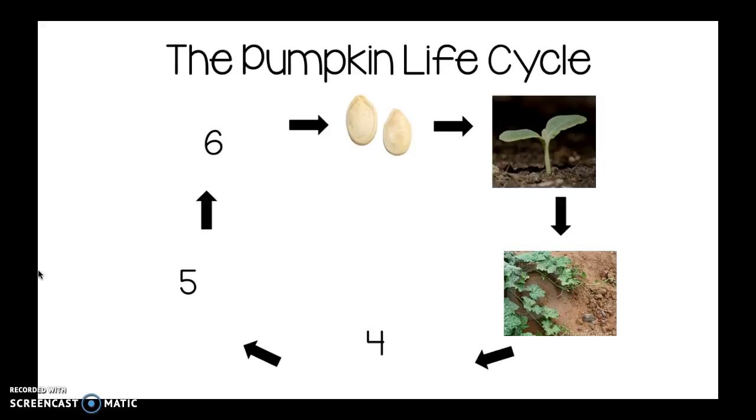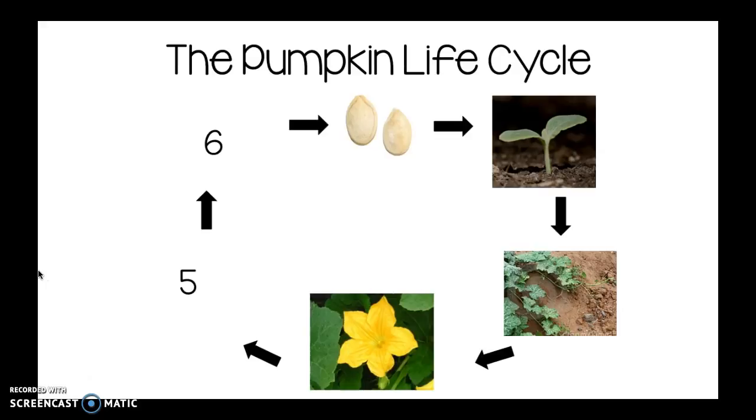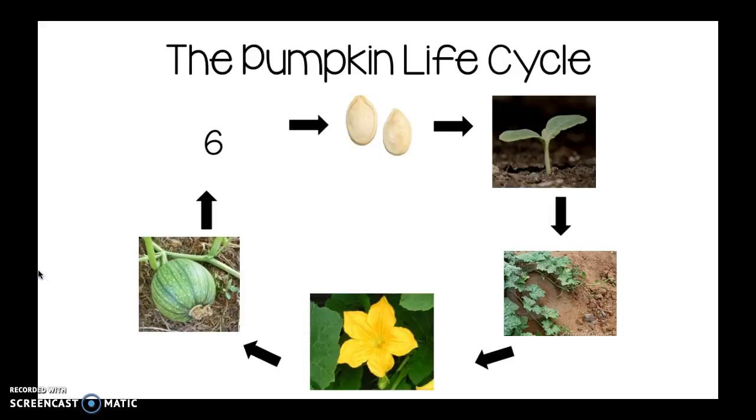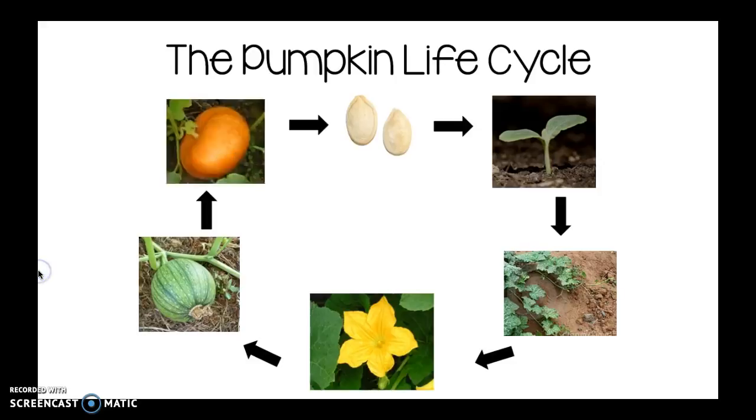Then something grows on the vine. What could that be? Yes, a yellow flower. What does the yellow flower turn into? If you said green pumpkin, that's correct. And the green pumpkin turns into, yes, an orange ripe pumpkin. Ripe means that it's ready to pick.